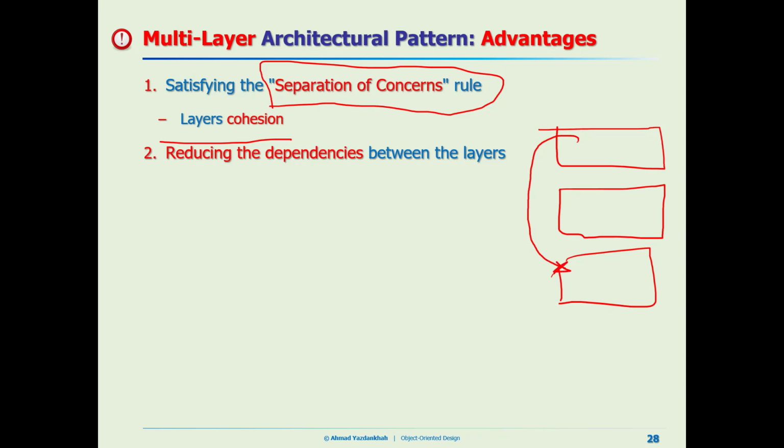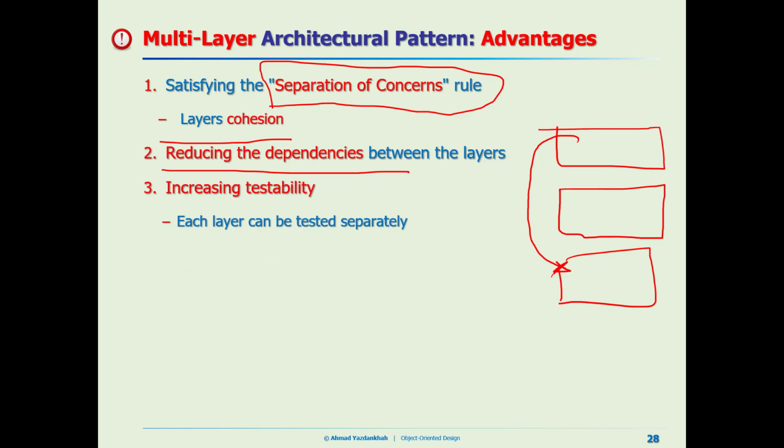So the dependency is reduced by this. And we are increasing the testability. Why is that? Because when we have some layers, each layer can be tested separately, right? So the testability will be increased.